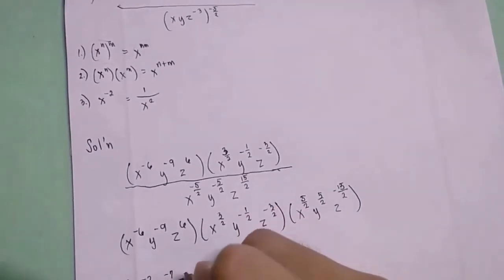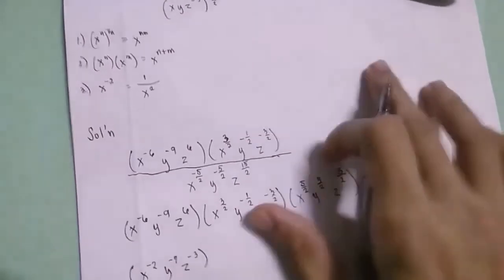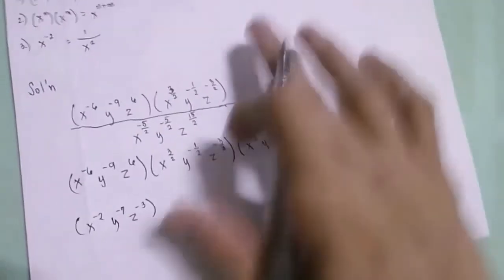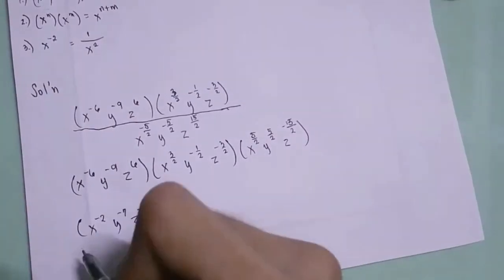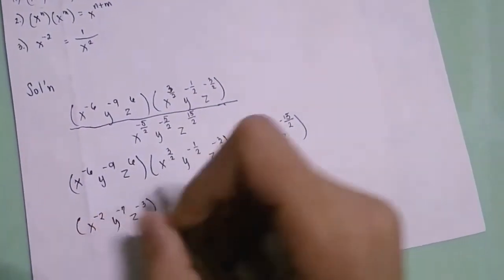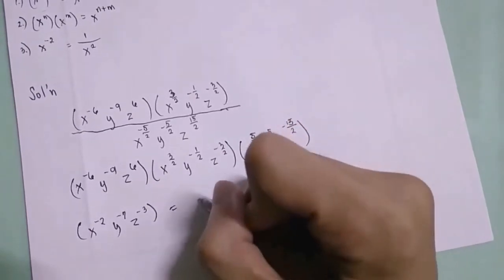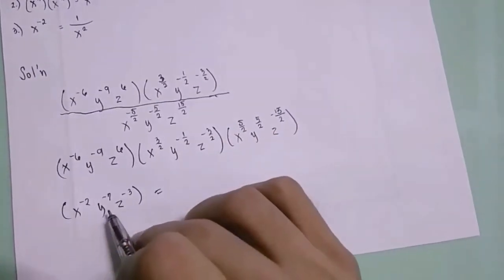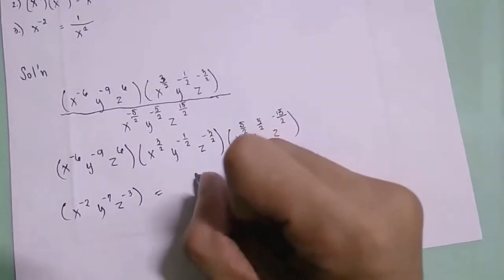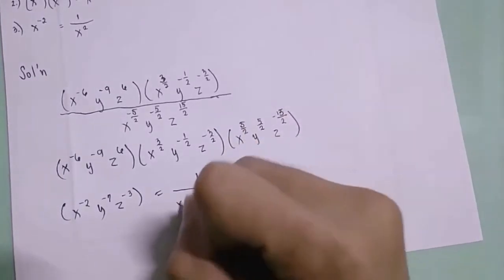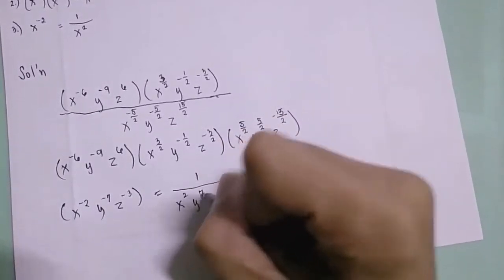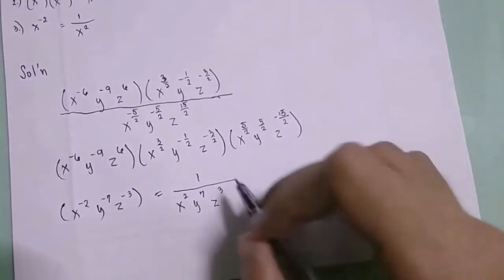And the answer is z raised to negative 3. So we do not want the answer raised to a negative exponent. So let's use again the reciprocal law of exponents. x raised to negative 2, y raised to negative 7, z raised to negative 3 will become 1 over, so we can come up to positive exponents, 1 over x squared, y raised to 7, and z raised to 3, or z cube. That's the answer for this problem, guys.